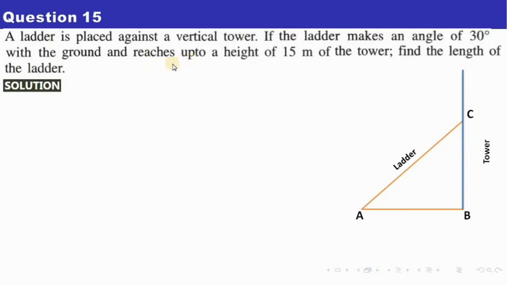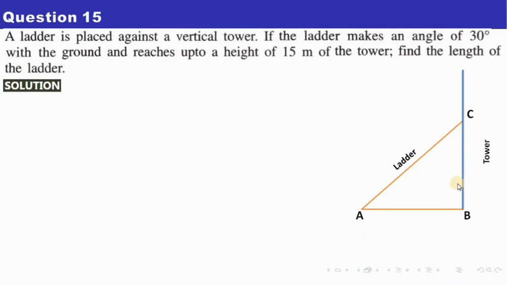And it reaches up to a height of 15 meter of the tower. That means basically BC, this height, is given to be 15 meter. Find the length of the ladder. That means you need to find this.